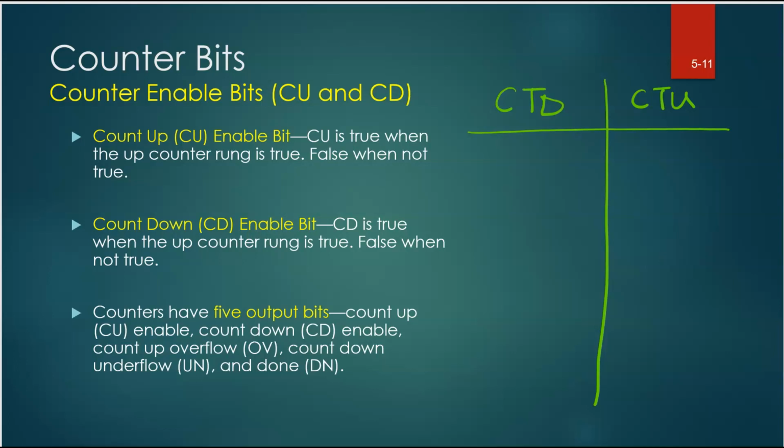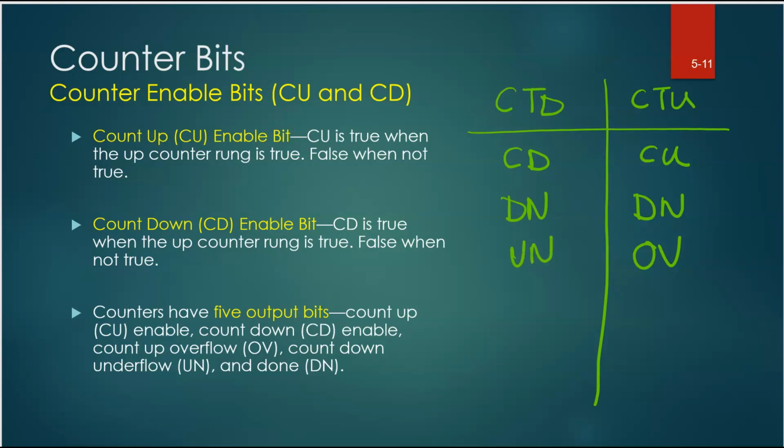If we are focusing on a CTU, then we are going to have CU, DN, and finally OV. If you're focusing on a down counter, we are going to have CD, we are going to have DN, and finally we are going to have UN.